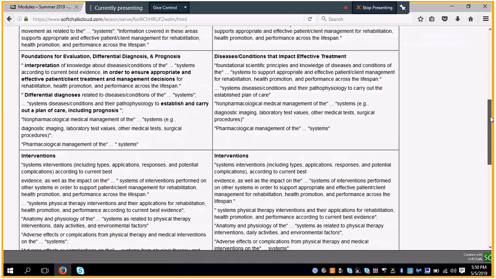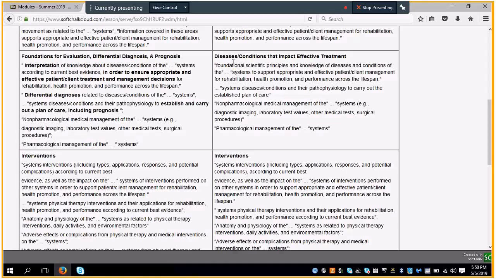Okay, and as we go down here as well, again comparing across, the PT section is called Foundations for Evaluation, Differential Diagnosis, and Prognosis. And in the PTA board exam, that section is called Diseases or Conditions that Impact Effective Treatment.